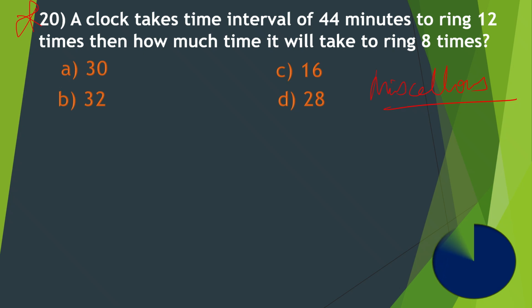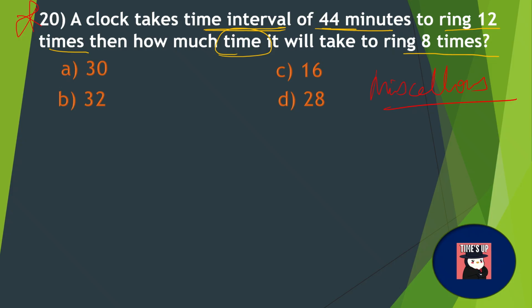Then how much time will it take to ring 8 times? Time up. We'll solve this. A clock takes a time interval of 44 minutes to ring 12 times. How much time will it take to ring 8 times?